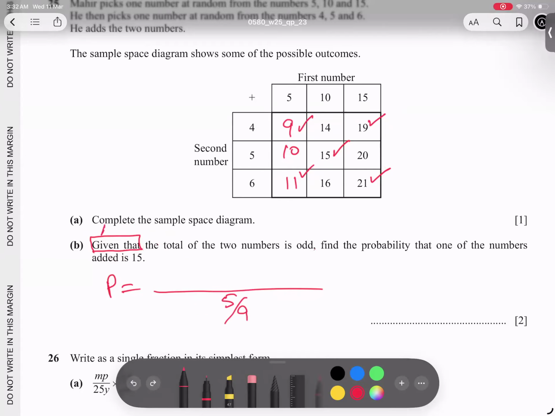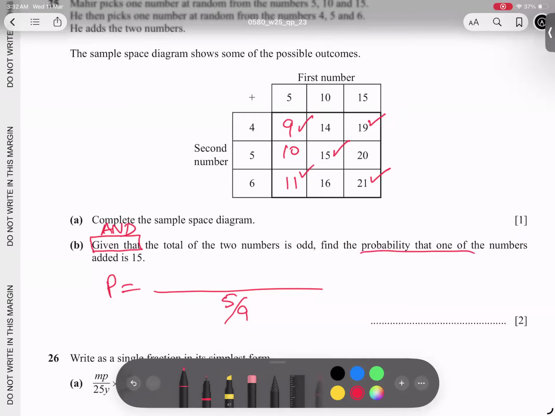And now you replace "given that" by the word "and", and you start reading from here and read the full sentence. For example, find the probability that one of the numbers added is 15 and the total is an odd number. Repeat.